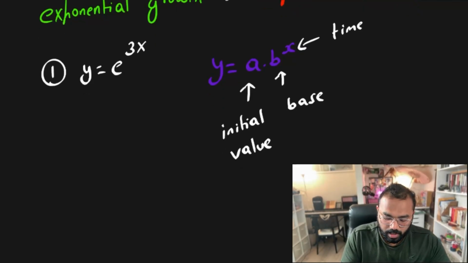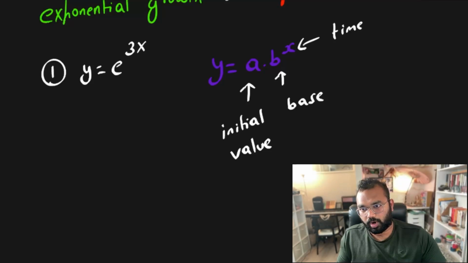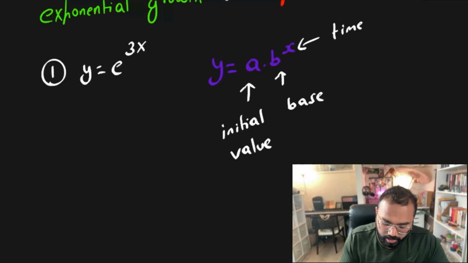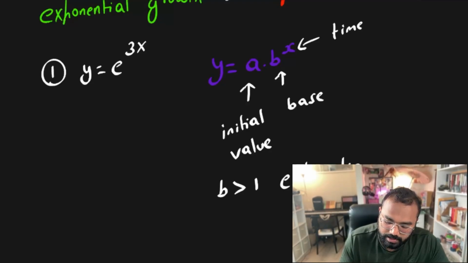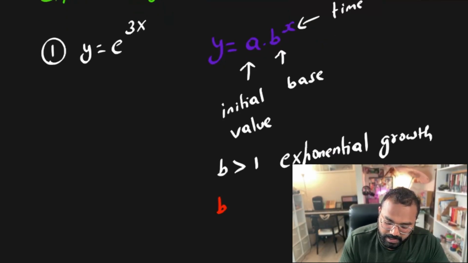So for an exponential growth model, you want your b value to be greater than 1. Exponential growth is b greater than 1. And if b is less than 1, then it is an exponential decay.